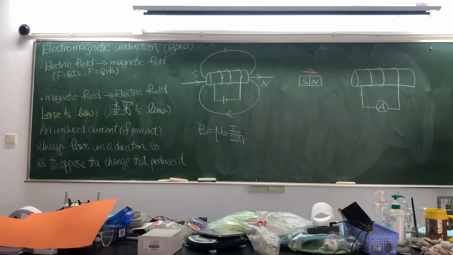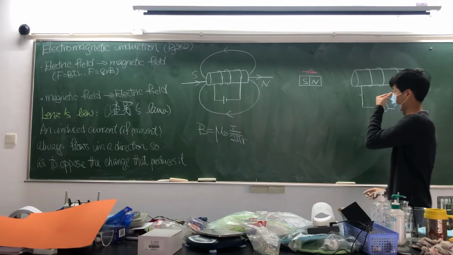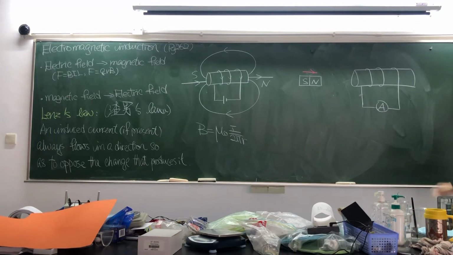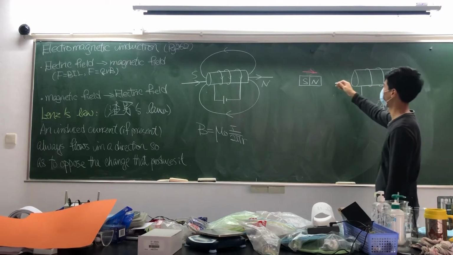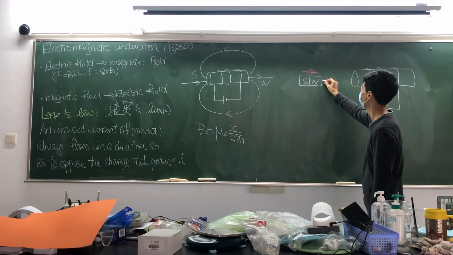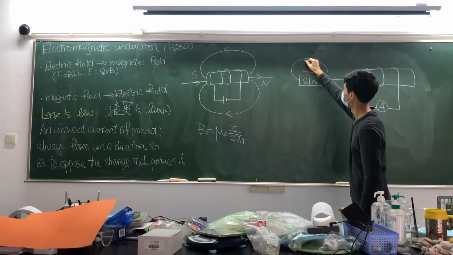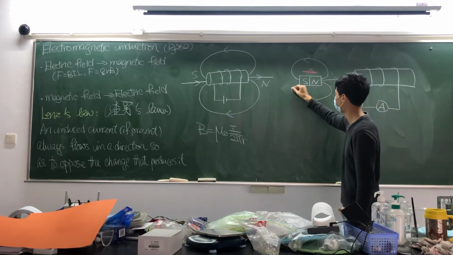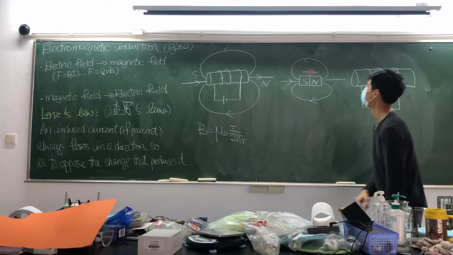Think about what will happen if the magnet is moving toward the solenoid. First, you can draw the magnetic field around this magnet. The magnetic field starts from the North Pole toward the South Pole. Don't forget that magnetic field lines can't cross each other.